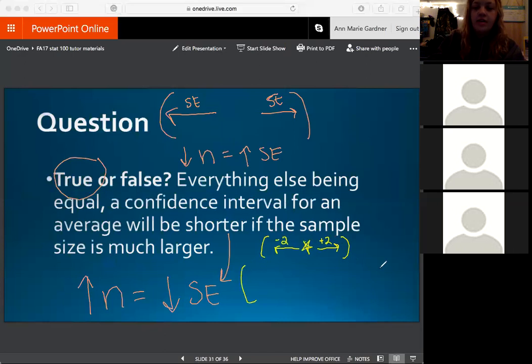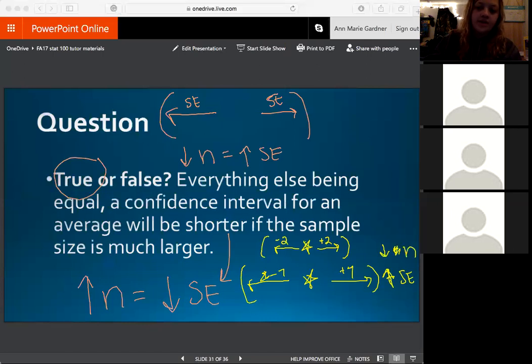But then our standard error might be 7 for this one, so it's -7 and +7. This is a larger standard error.